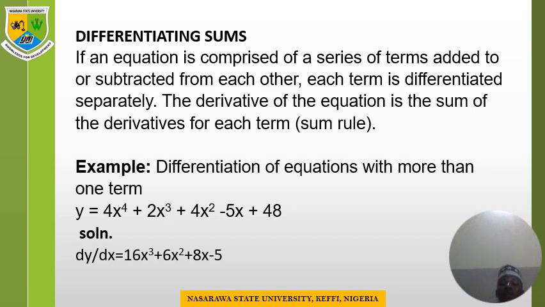That is why we remain with minus 5. And the next term is 48, which does not have any term related to alphabet. According to the law of differentiation, any constant term is 0. It has to disappear from the equation when you are differentiating the equation.